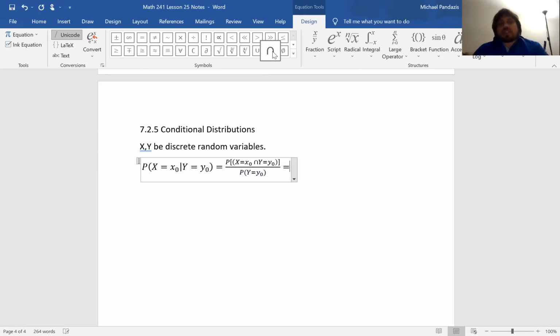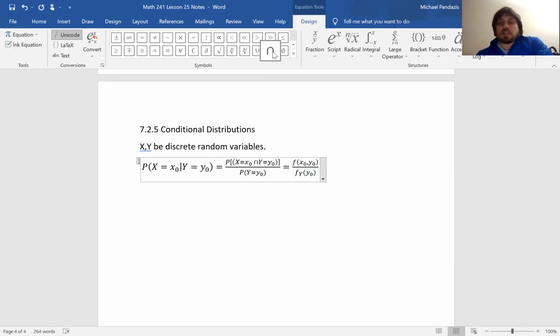Okay, and so then this is equal to f of x naught comma y naught divided by f sub y of y naught.